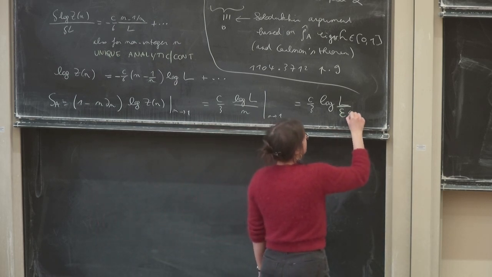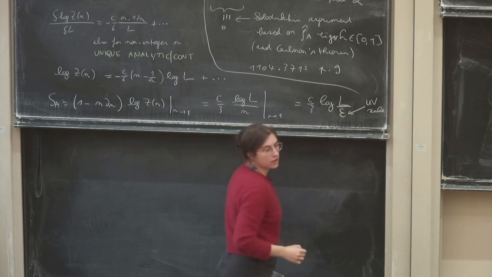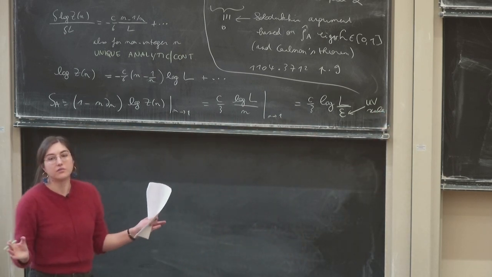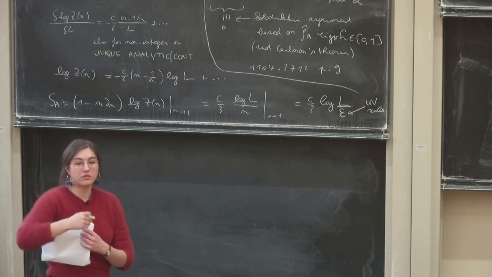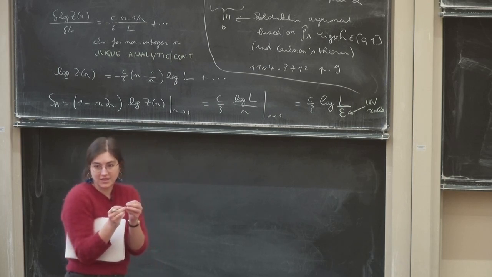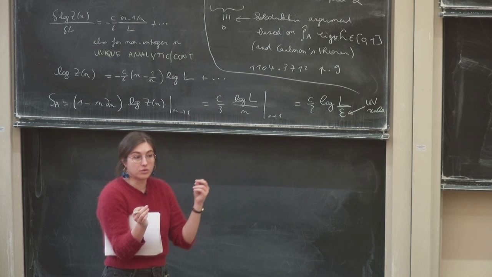This epsilon is the UV scale, or the UV cutoff. What it does is it regulates the infinite contributions that you receive to this entanglement from degrees of freedom that are infinitesimally close to the boundaries of your region A, so x1 and x2.